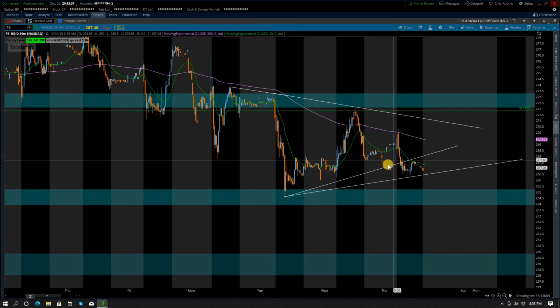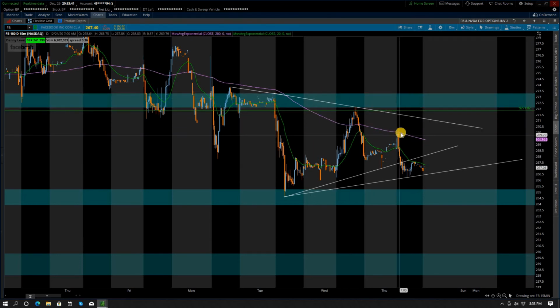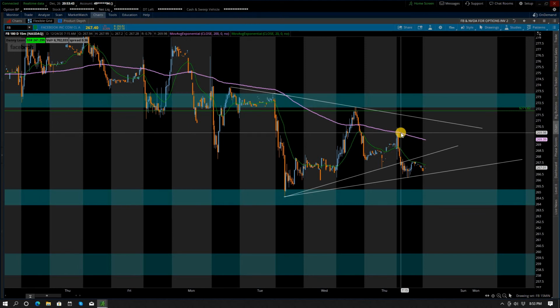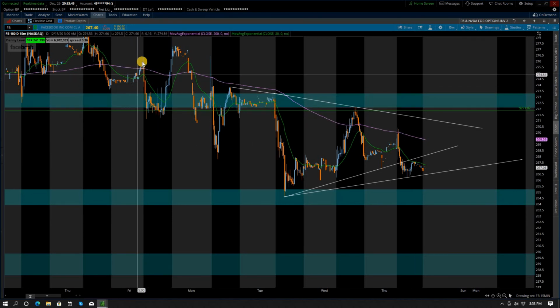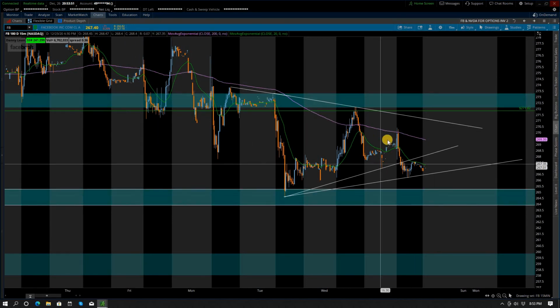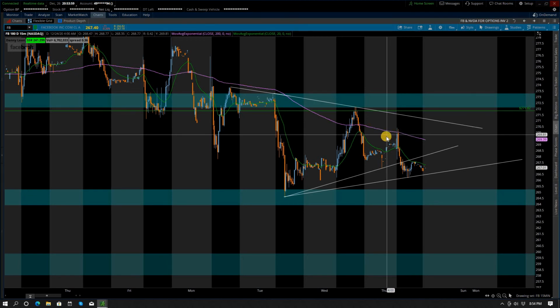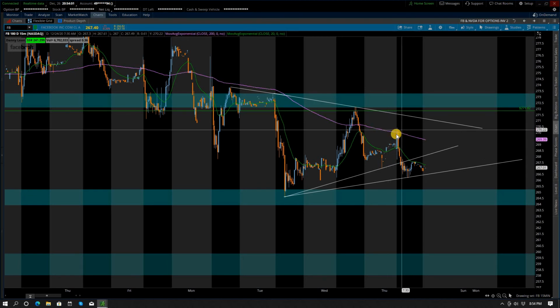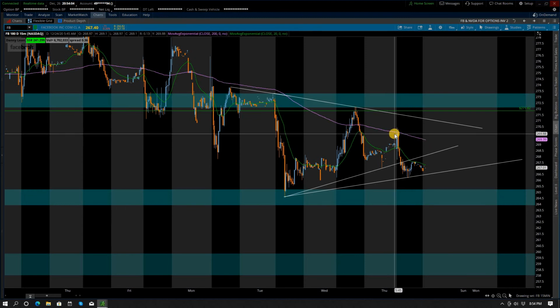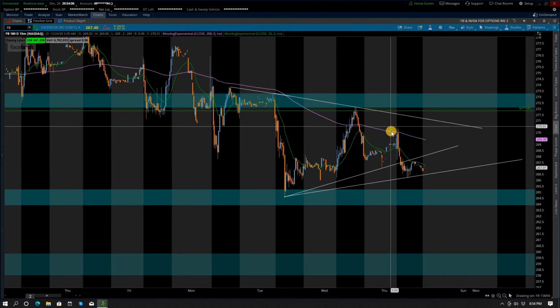So in this case on Thursday, I had this level, but I also had the 200. The 200 works really well on the 15-minute. I did some back testing, and it works, man. So I use this as another level or line that I would definitely short if I see some reversal here.